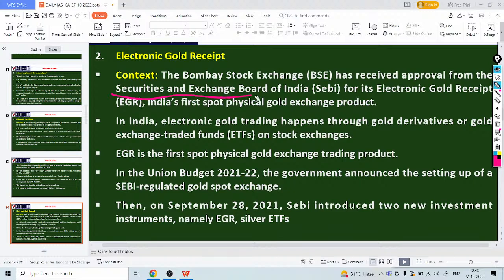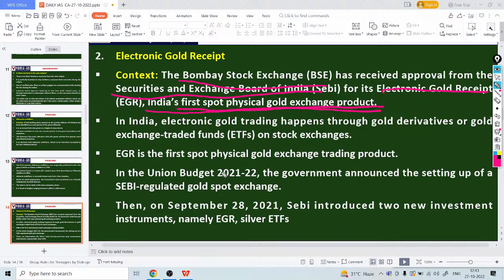And BSE, the oldest stock exchange in India, established in the pre-independence period, got approval from SEBI for its electronic gold receipt (EGR), India's first spot physical gold exchange product.